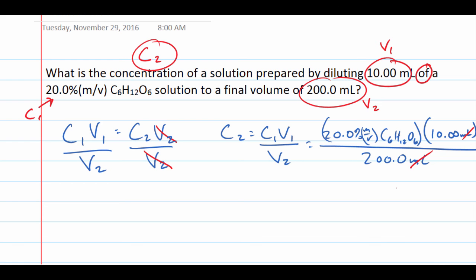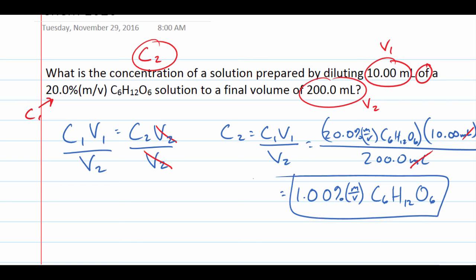And we wind up with a value of 1. And how many significant figures should that 1 have? 3. So it's going to be 1.00%. And then the label is going to be M over V, C6H12O6. And that there is the solution.